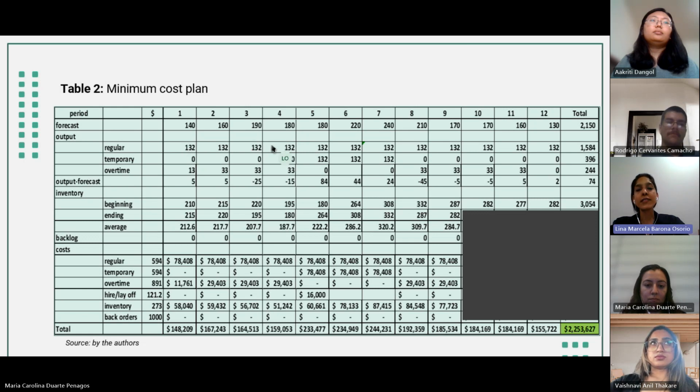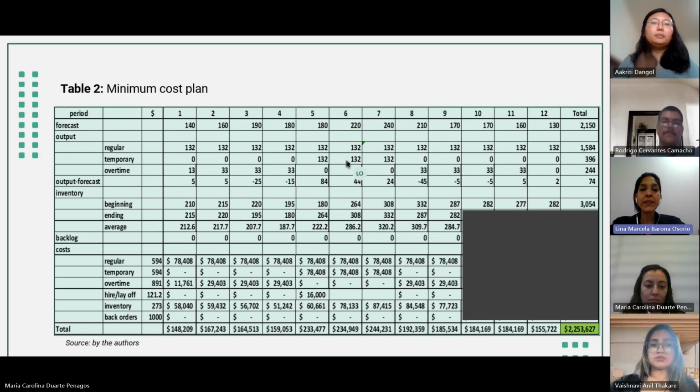But sometimes, of course, it's necessary to use the overtime that is in this place. Or sometimes more hours are necessary than only overtime. So in that case, we should hire temporary workers. That is this line.